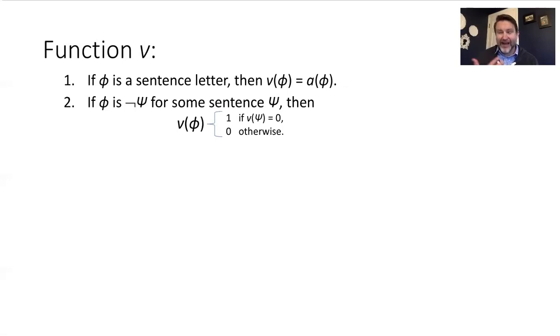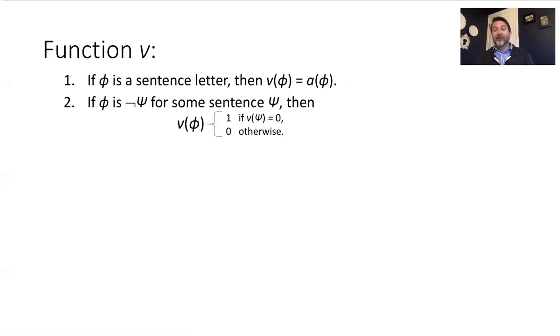So again, phi is a variable we're using to talk about a sentence. And suppose the sentence we're talking about is negation psi, where psi is a different variable to stand for some sentence that has a value under alpha. Well then, the value for phi, again negation psi, is 1 if the value of psi is 0 according to alpha, and it's 0 otherwise, right?